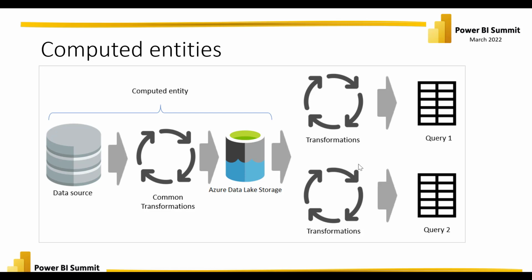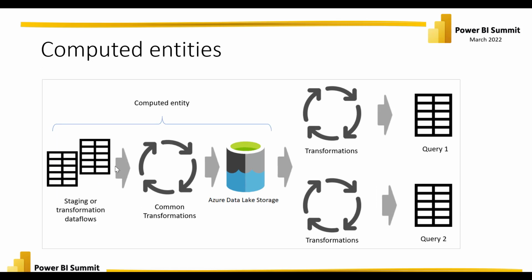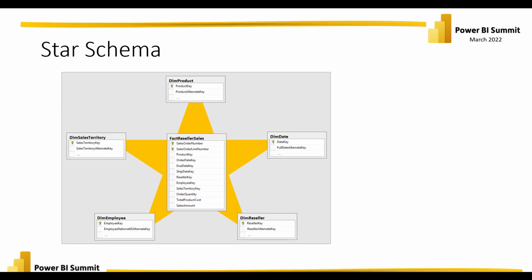Computed entity means getting data from an already processed and stored entity. The same thing can happen inside a data flow. When you reference an entity from another entity, then you can use the computed entity. So here the computed entity gets the data directly from the data source, and in this diagram here the computed entity gets the data from the staging or transformation data flows.